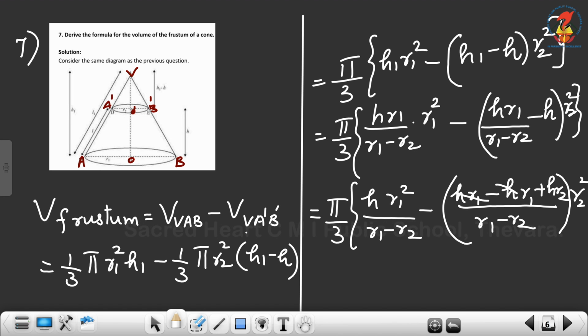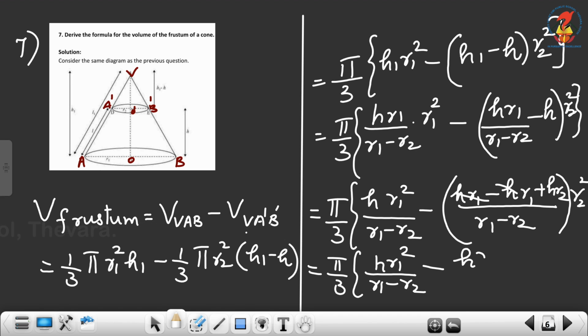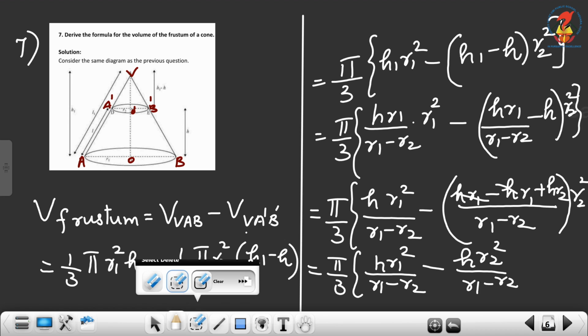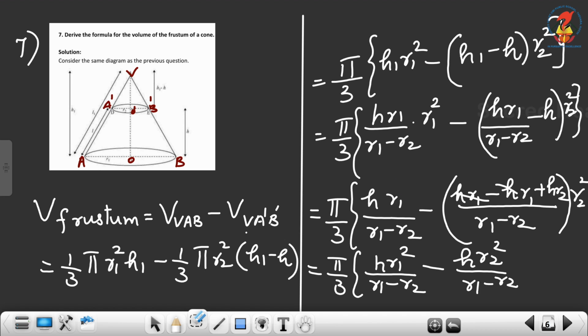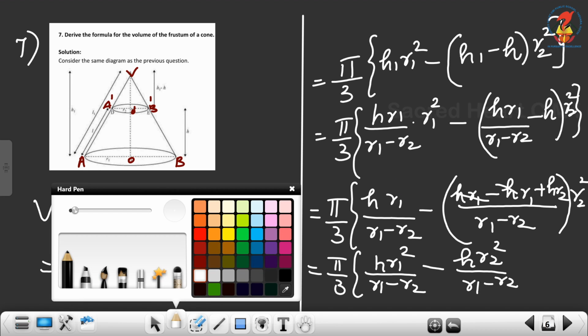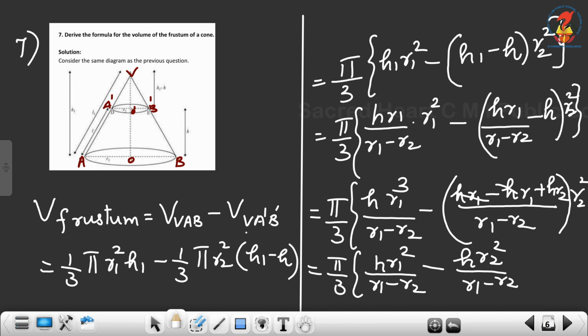What is remaining is pi by 3 into h r1 square divided by r1 minus r2 minus h r2 square divided by r1 minus r2. This is r cube. It is not r square, it is r cube. R1 cube and R2 cube.